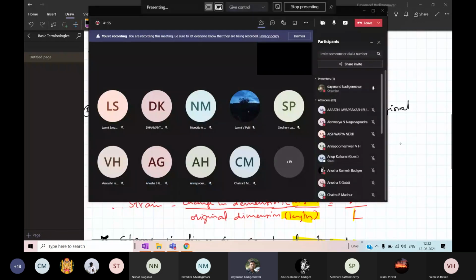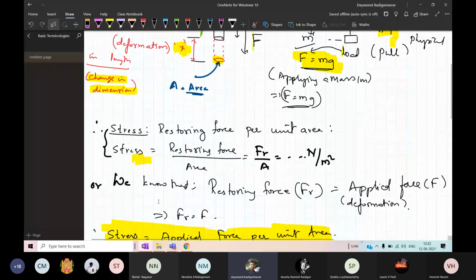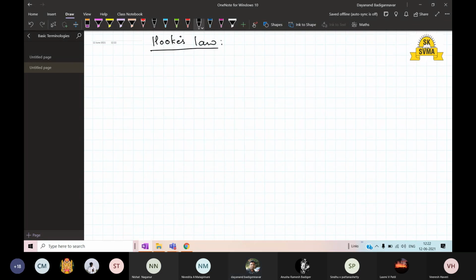Next, go for a very important discussion that is called Hooke's law. This Hooke's law was given by Robert Hooke around 1679.